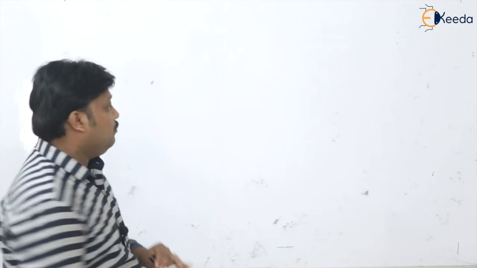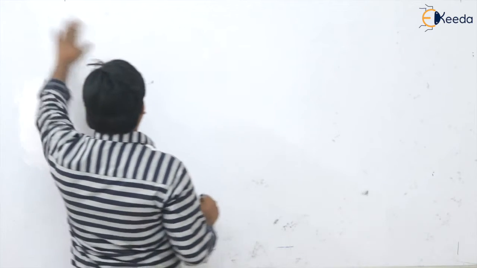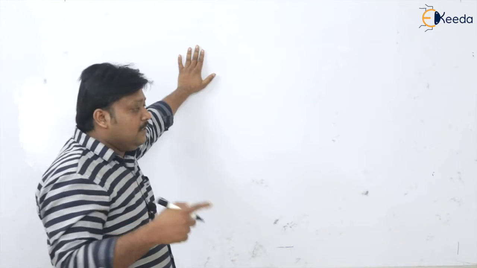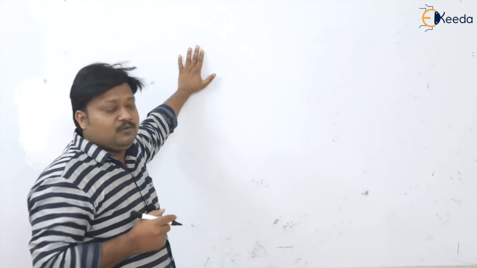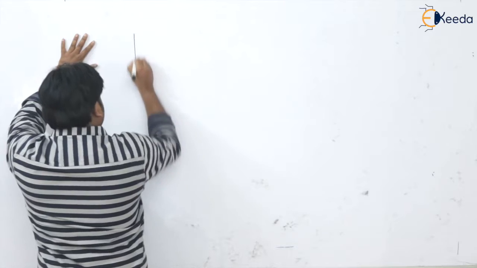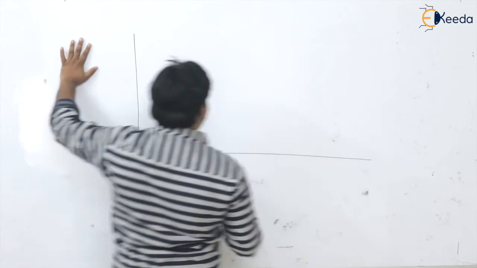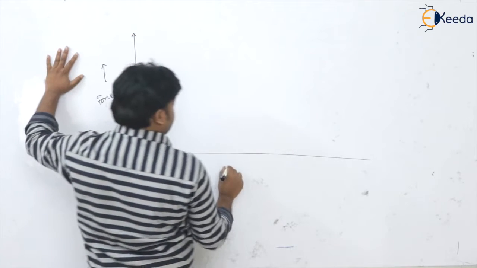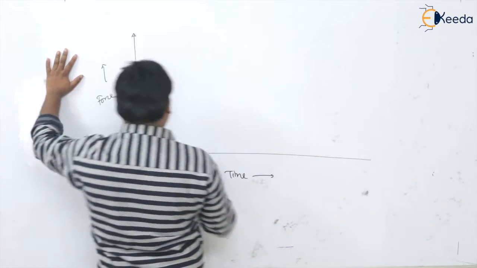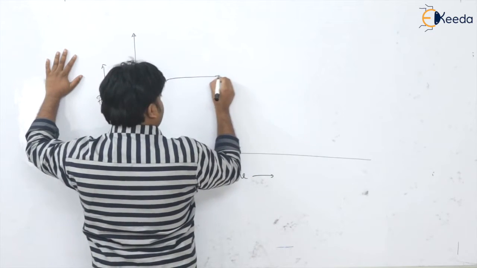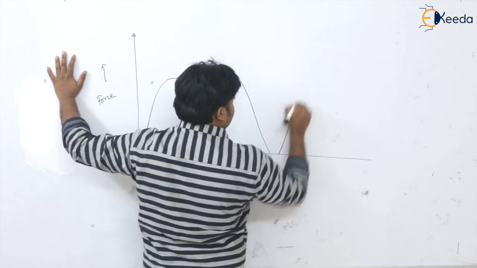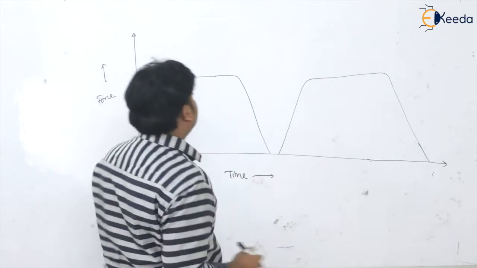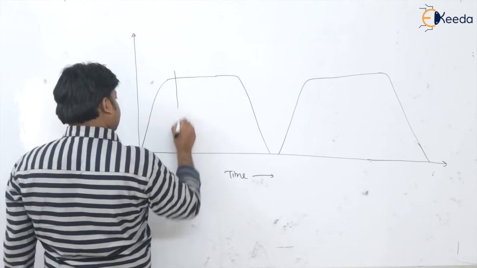If you look at the cycle for resistance welding, cycle means the events happening in resistance welding. Usually they are given as pressure or force versus time. The cycle continues like that.